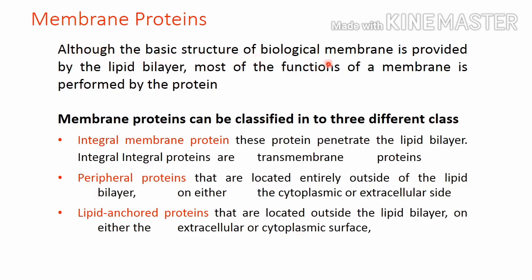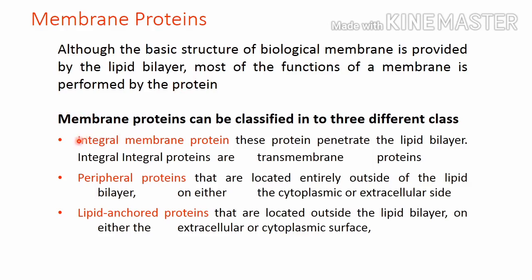Although the basic structure of the biological membrane is provided by the lipid bilayer, meaning lipid molecules are the basic structural unit, the functional unit of a membrane is the protein present on it. All the activities, roles and functions played by a membrane are performed through the protein. And there are three important categories of membrane protein.